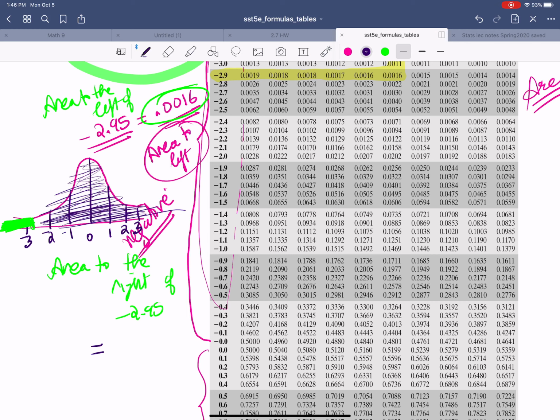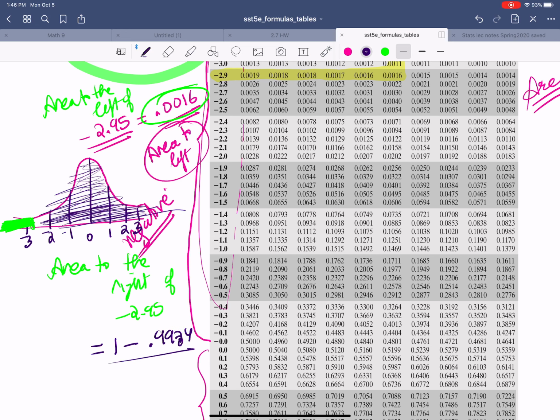So if area to the left is 0.0016, then area to the right would be 1 minus 0.0016, which turns out to be 0.9984.